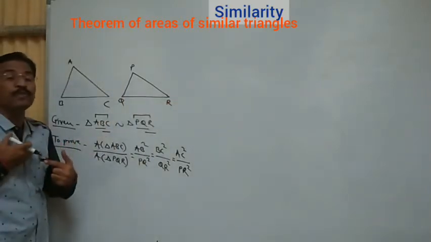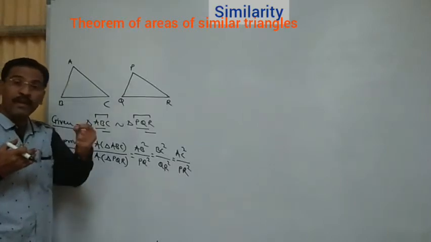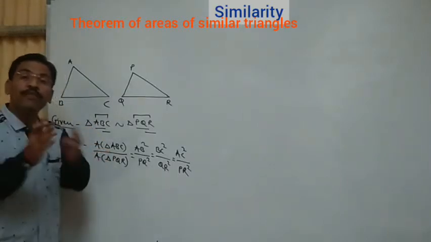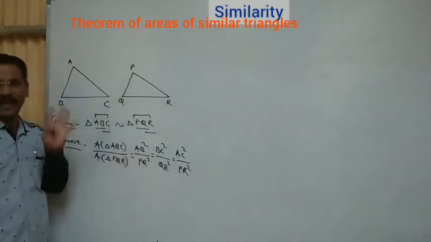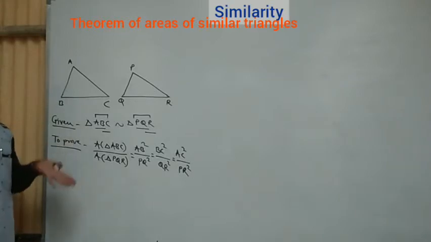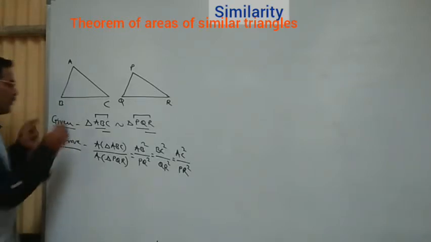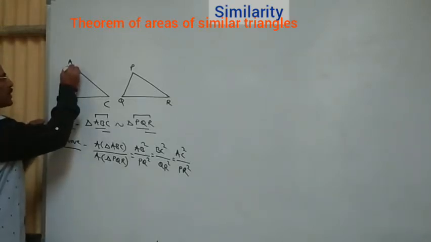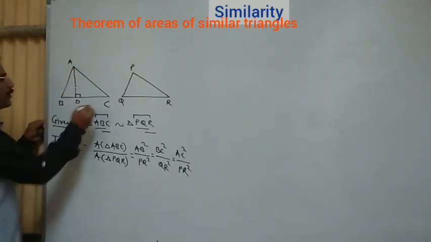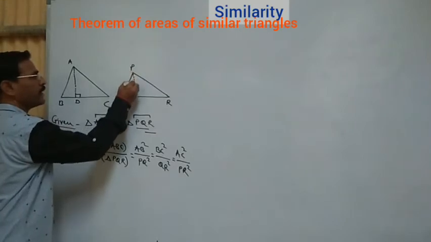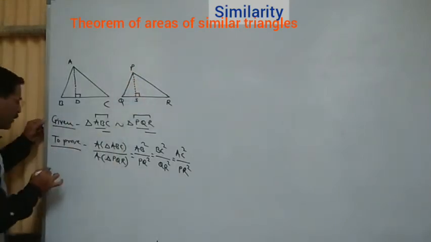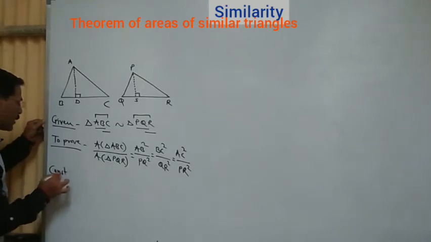Means we have to use property number 1, which is the ratio of areas of two triangles with different bases and different heights. So for that, what we need here is height. That height we are going to draw first. So this is our construction. We'll draw AD perpendicular to BC and here PS perpendicular to QR. That we'll write in the construction part.